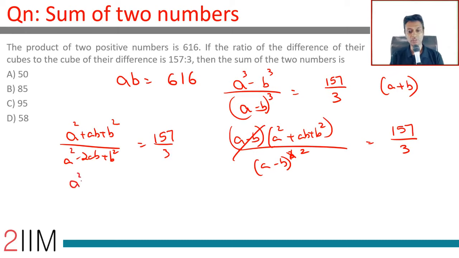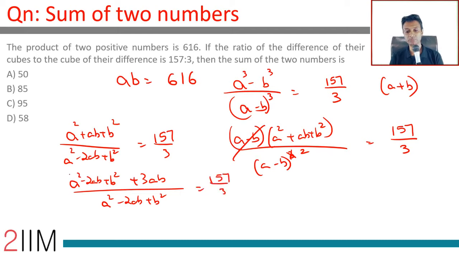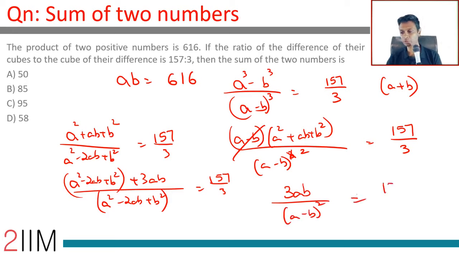Or A square minus 2AB plus B square plus 3AB by A square minus 2AB plus B square is 157 by 3. Why have I written it like this? Numerator is equal to denominator, so this is 1. Or 3AB by A minus B whole square is 157 by 3 minus 1, which is 154 by 3.